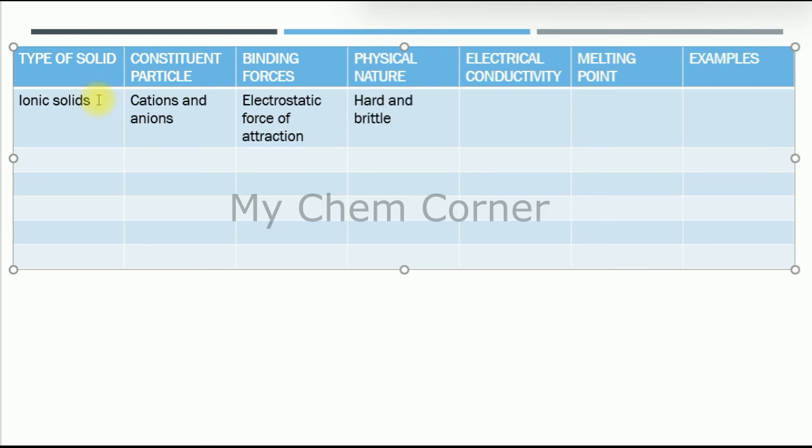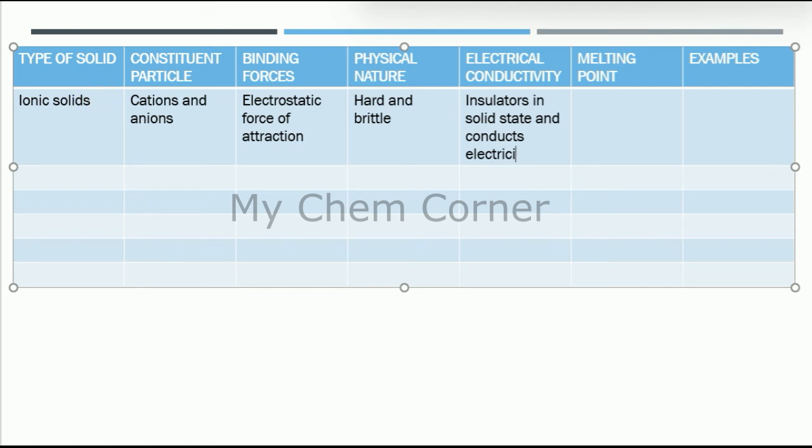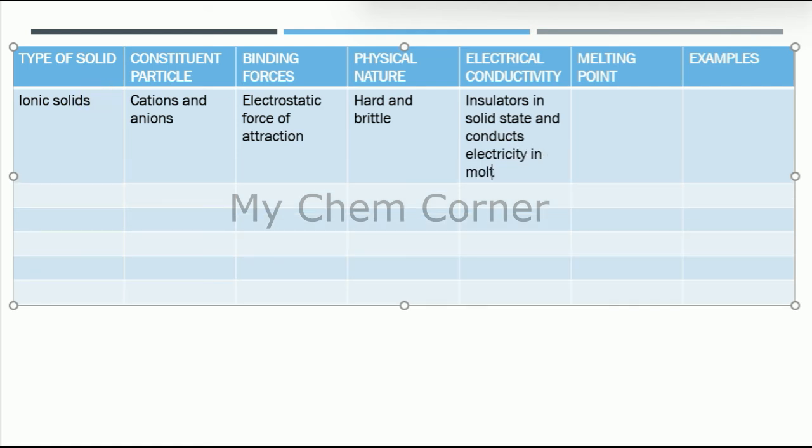Electrical conductivity in this case, they were insulators in solid state and conduct electricity in molten state. Melting point here was very high. The example for this can be sodium chloride.